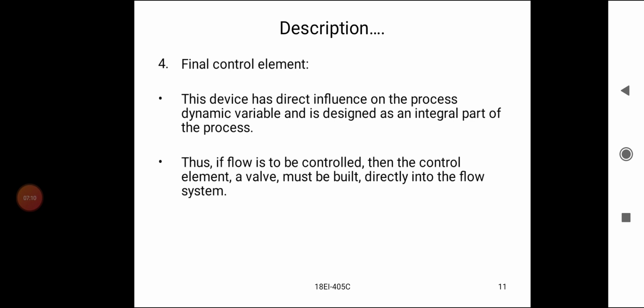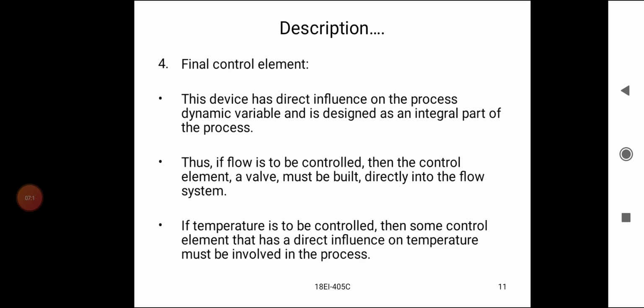Thus, if flow is to be controlled, then a control element, a valve, must be built directly into the flow system. If temperature is to be controlled, then some control element that has a direct influence on the temperature must be involved in the process.